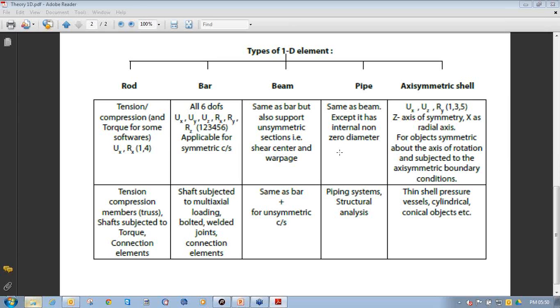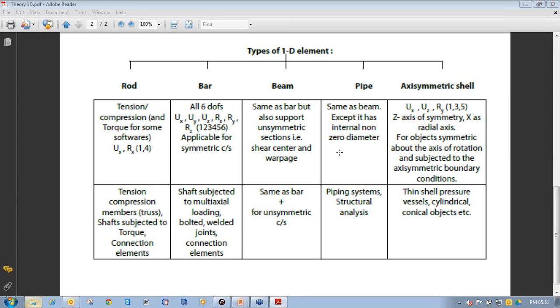Then we move towards the next type of 1D element, which is beam. Beam is the same as bar, but it also supports unsymmetric cross sections, that is shear centers and warpage. So beam also supports all the 6 degrees of freedom, but it also supports unsymmetric cross-sectional areas.